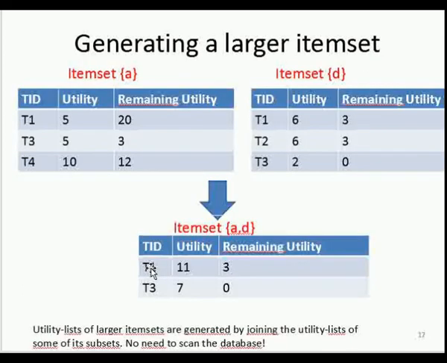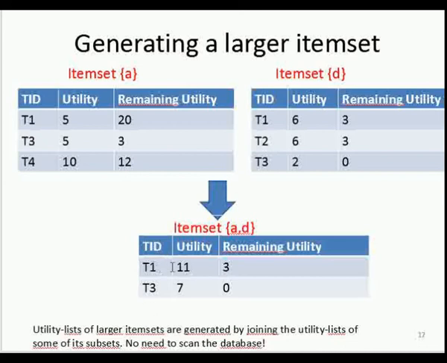Now, after we created the tables for the items like A and D, we can combine the table of A and D to get the utility list of AD, for example. This is not a very complicated process. We need to join the two tables. A appears in T1, T3, T4, and D appears in T1, T2, T3. So we do the intersection of T1, T3, T4, and T1, T2, T3. It will give you T1 and T3.